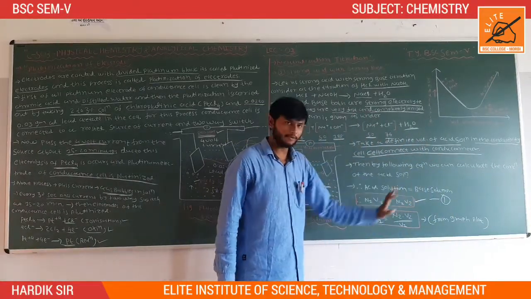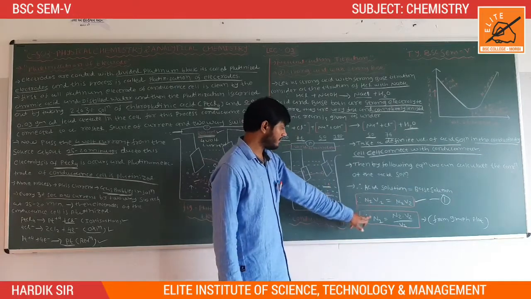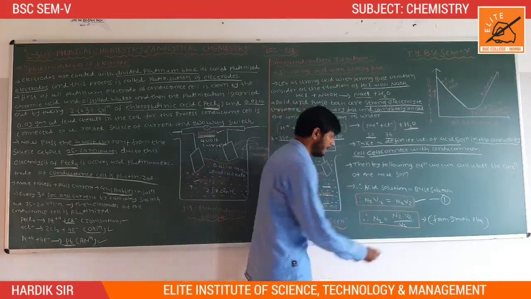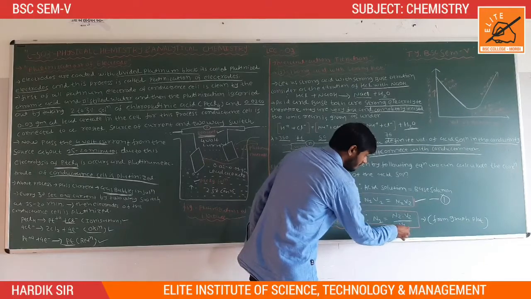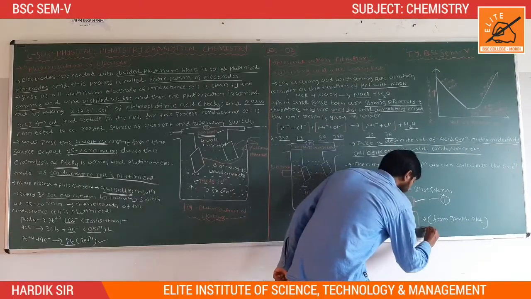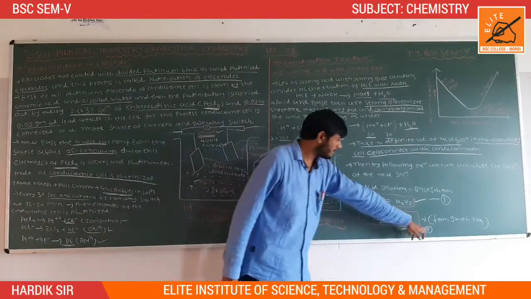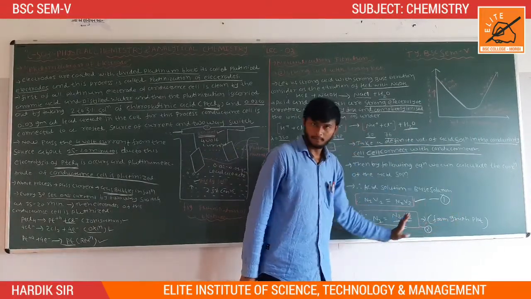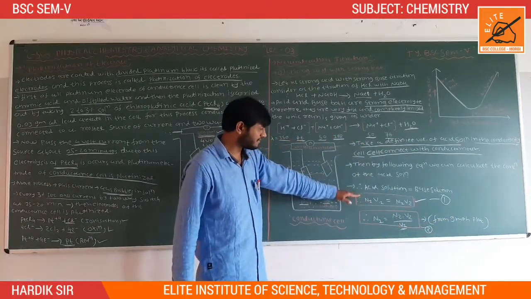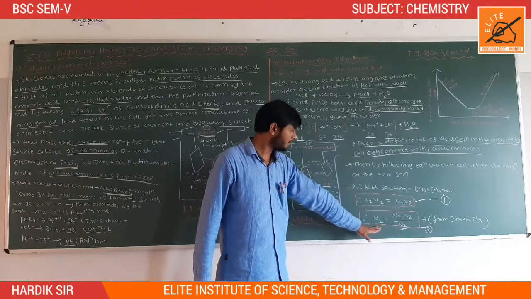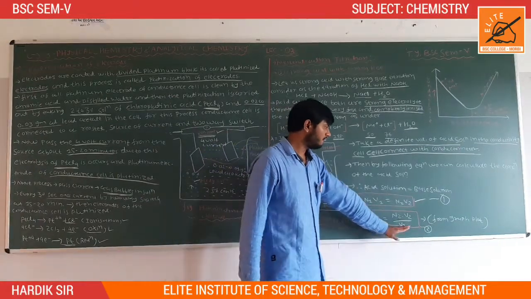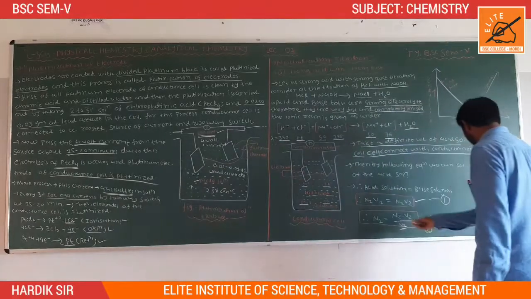From N1V1 = N2V2, N1 = N2V2/V1. This is equation number 2, and V2 will be obtained from the graph plot.